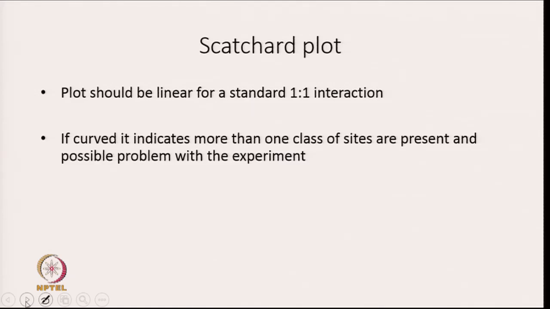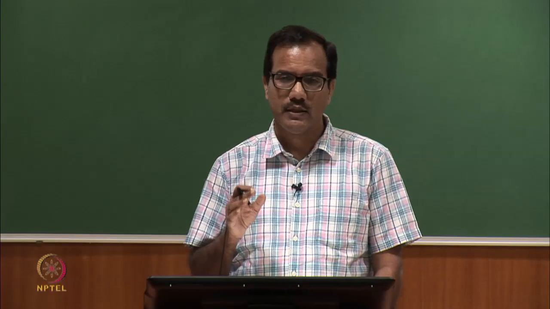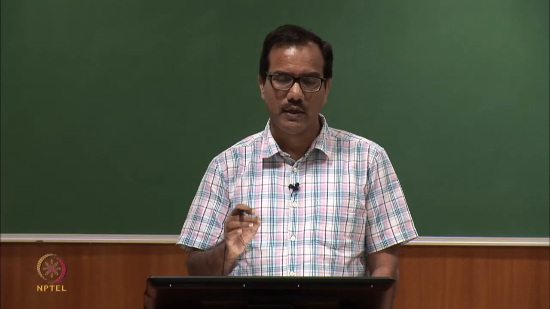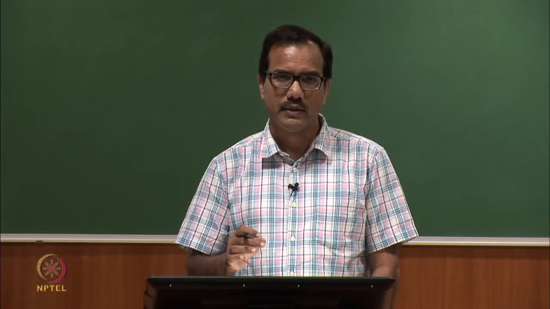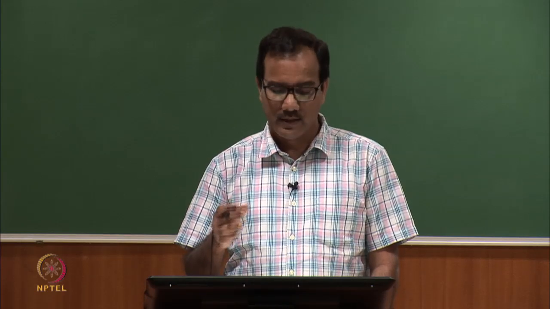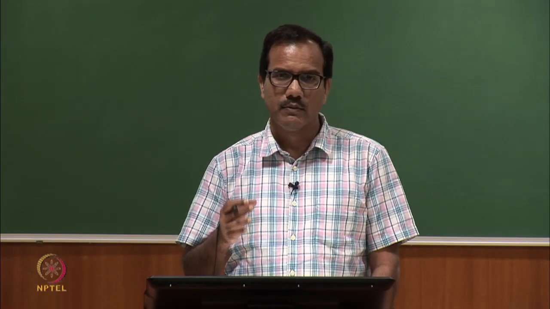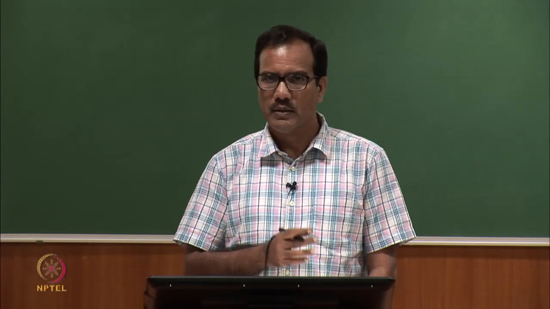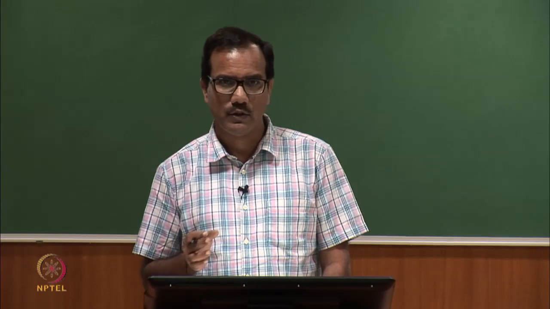One thing you need to remember, that the plot must be linear for a standard 1:1 interaction. If the plot is not linear, it means 1:1 interaction is not followed, and it means that more than one class of sites are present and there can be a problem with the experiment. So, these are a few shortcomings, but there are ways to get information for a different kind of model, but this is going to be out of scope for this lecture.